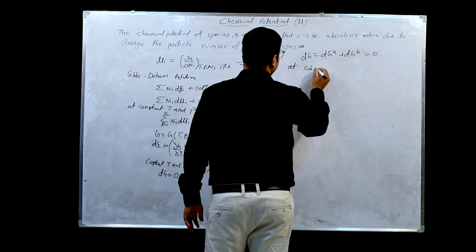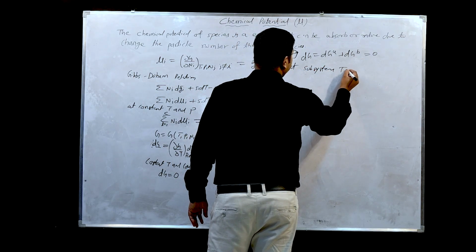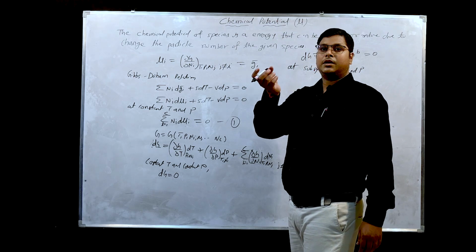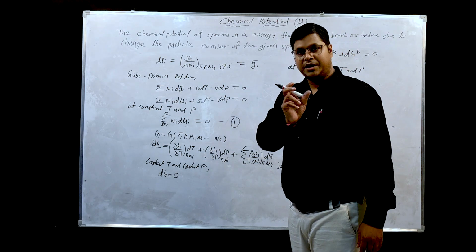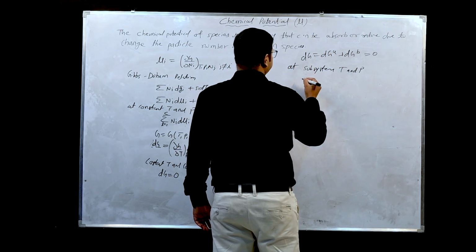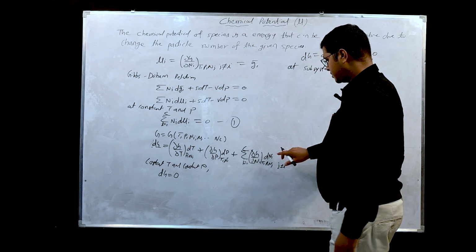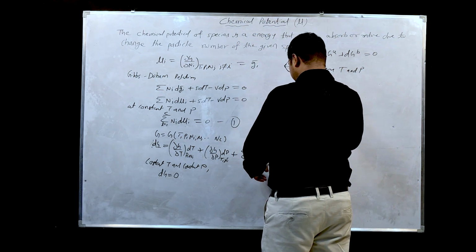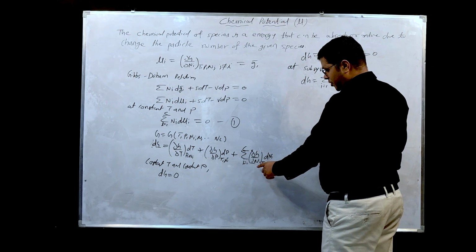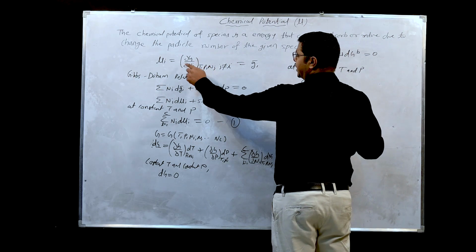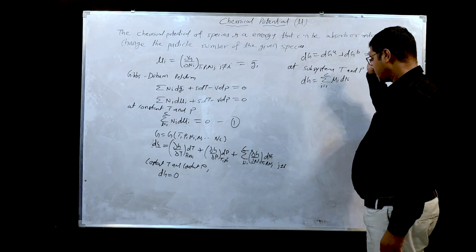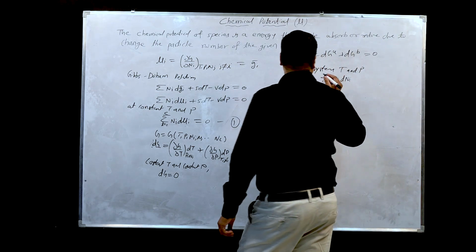In the subsystem T and P are constant, because the change in number of moles is taking place in subsystem A as well as in B. So from this equation we can write dG is equal to the sum from i equal to 1 to C of (∂G/∂Ni) dNi. This (∂G/∂Ni) we can write as mu i, so let's write mu i dNi.